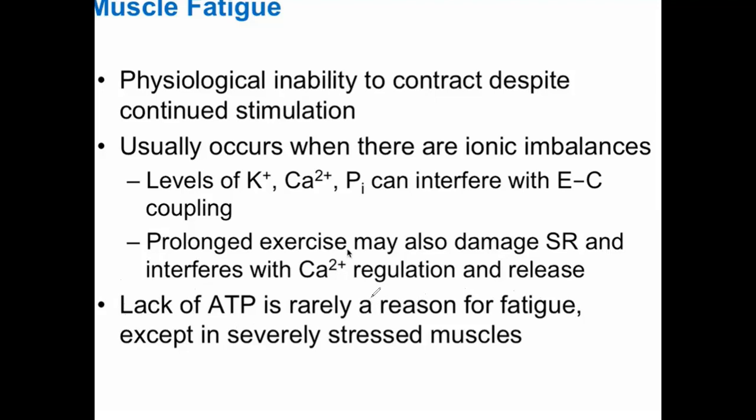Or like in case of severely stressed muscles. Before we go to this extent, you have exhausted all these other sources. But even then, you still find that the cells have some ATP. When you completely lack ATP, that is now the situation where we go to rigor mortis.